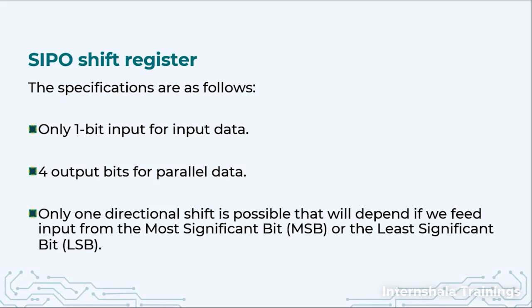Only one directional shift will be possible. That means you can load the data from either the LSB or the MSB, and the data will be shifted towards the opposite end. And once the data loading is complete, we can read it on the parallel pins.